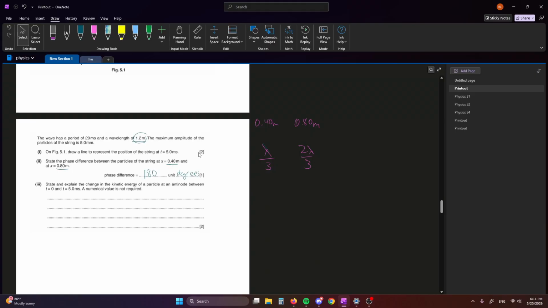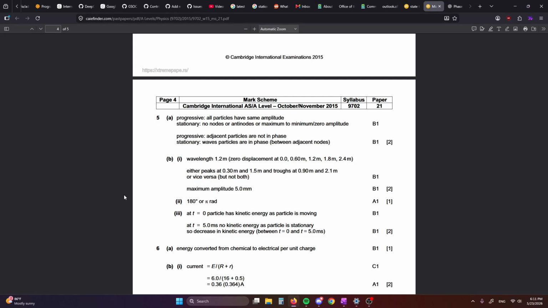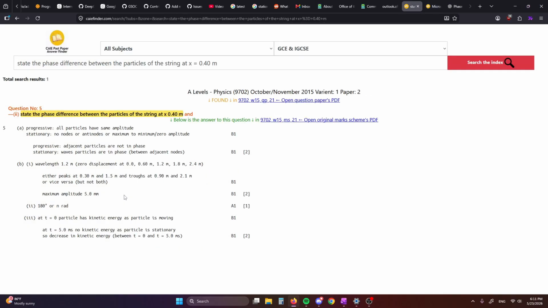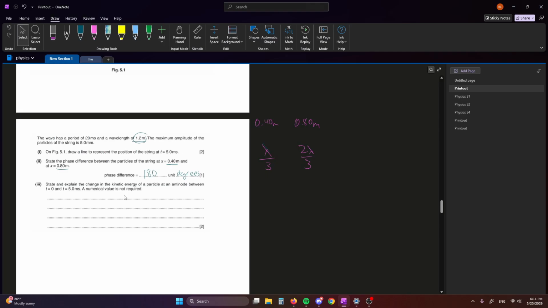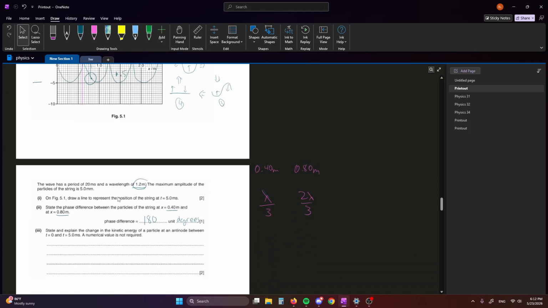And then finally we have to state and explain the change in kinetic energy of the particle at an antinode between t equals 0 and t equals 5.0 milliseconds. Okay, so for this one, this isn't really that intuitive, but if you think about it, it does make sense.